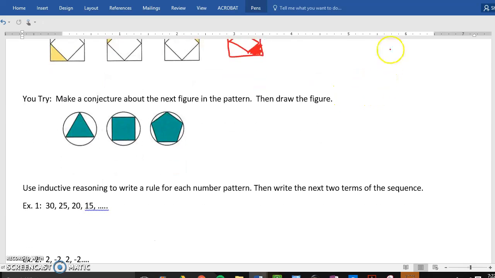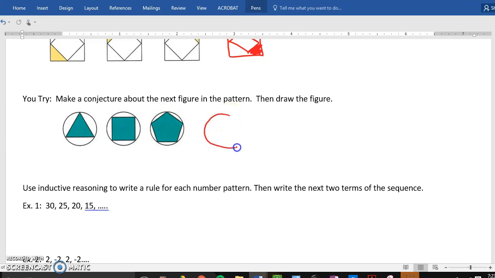Go ahead and pause the video, and try the next one on your own. Okay, so this next you try. You notice we have a circle in each of these diagrams. And what do we notice? This figure has 3 sides, this figure has 4, this figure has 1, 2, 3, 4, 5 sides.